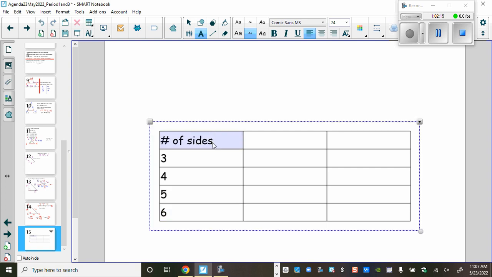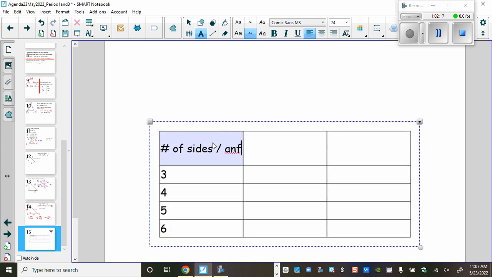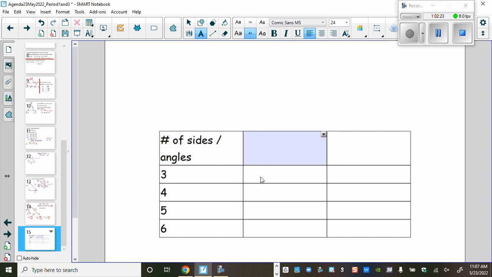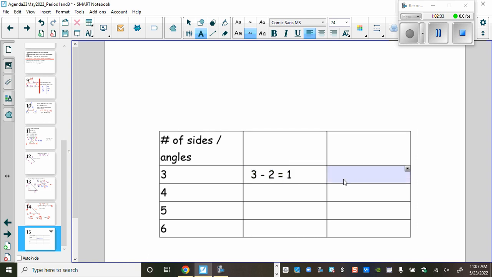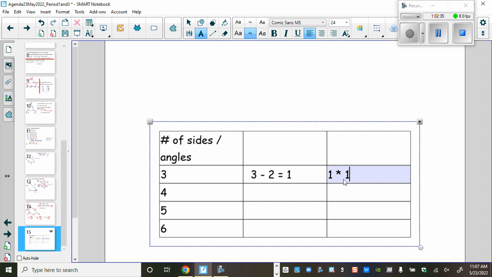Number of sides, angles. Because what you do, then subtract 3 minus 1, or 3 minus 2. What's 3 minus 2? And then multiply by 180. So for instance, a triangle has 180 degrees.